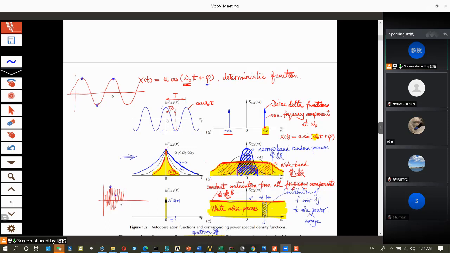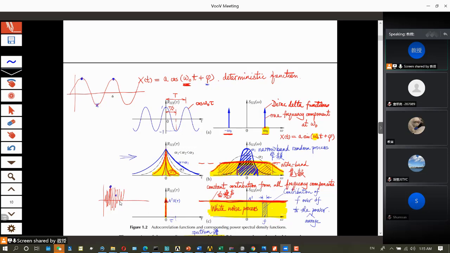When the frequency band is much wider, so it's a constant throughout the frequency range, the correlation function becomes narrower and narrower, and the limiting case is a delta function.